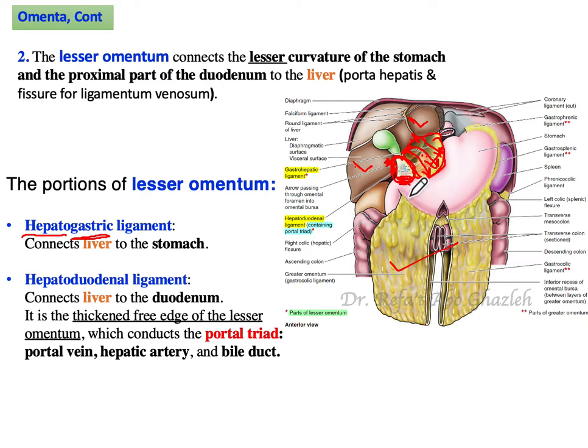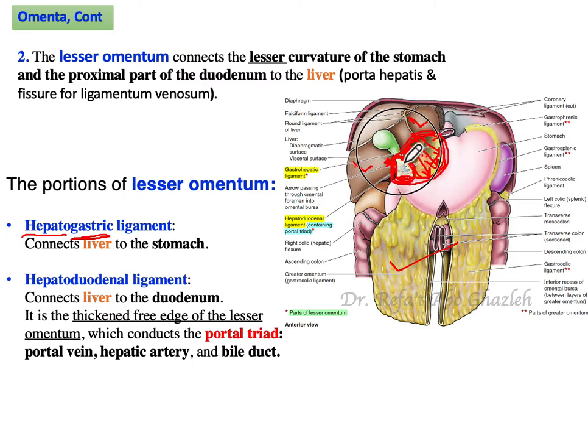Most importantly, this ligament has three important structures in it, and it is considered the free edge of the lesser omentum. What do you mean by free edge? Okay, this is the lesser omentum.